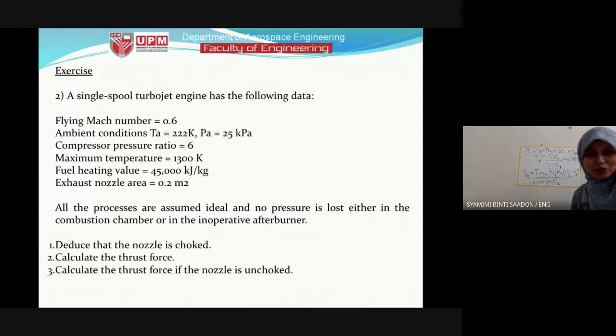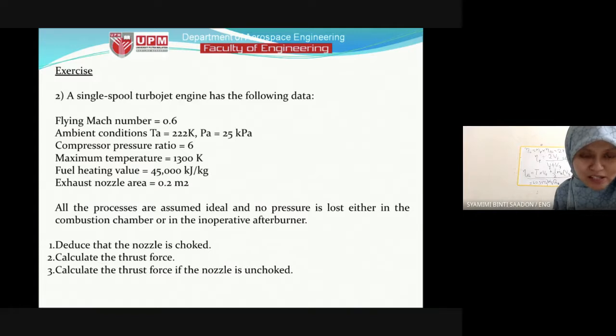This is question number 2. The steps are a bit the same. Single spool turbojet, flight Mach number. So this time we have Mach number, ambient condition, compressor pressure ratio, maximum temperature, which is the turbine inlet temperature, the T4, 1300 Kelvin.